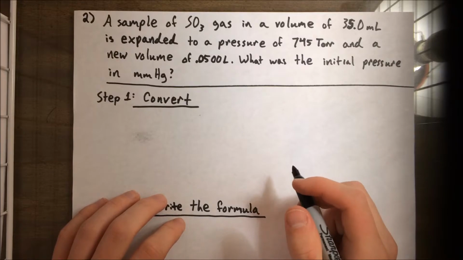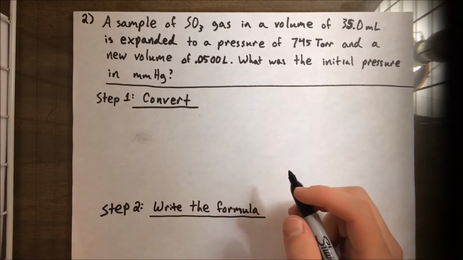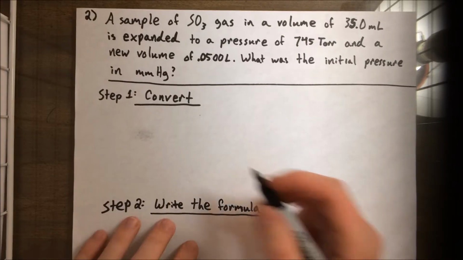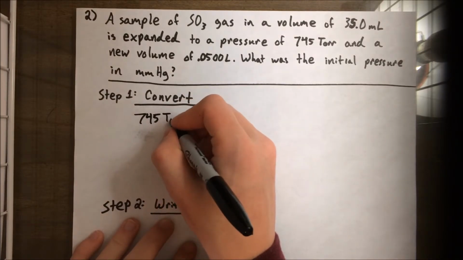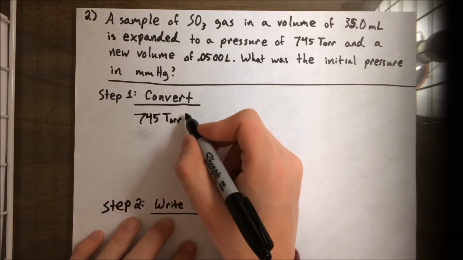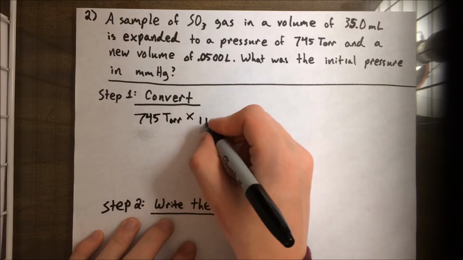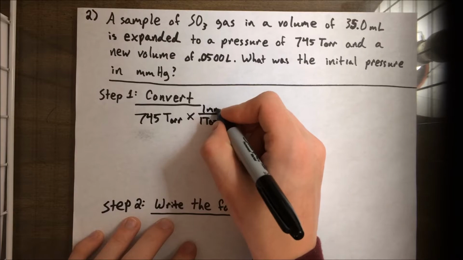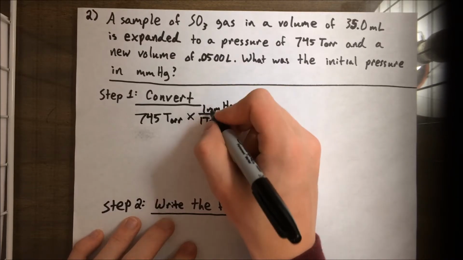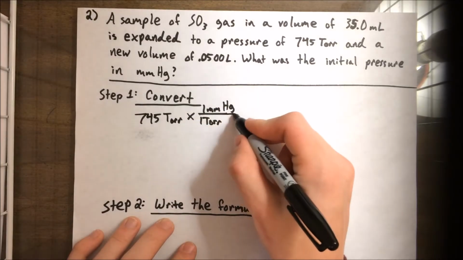So step one is to convert. So we're going to convert torr into millimeters of mercury. So 1 torr is actually equal to 1 millimeter of mercury. So that makes that really easy.